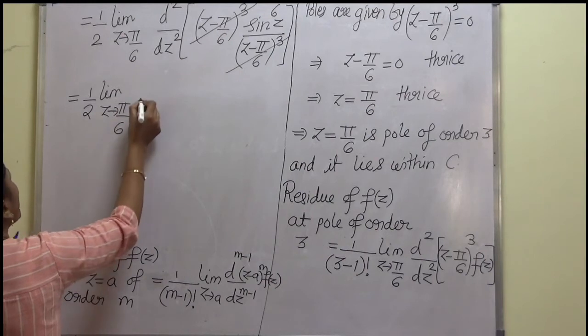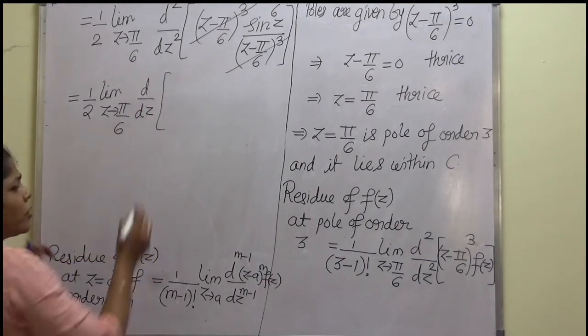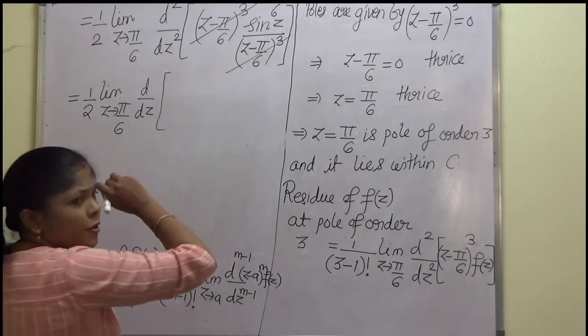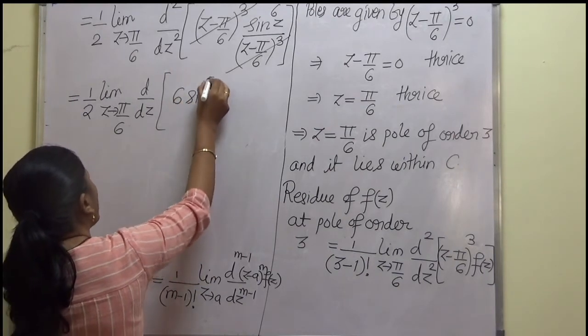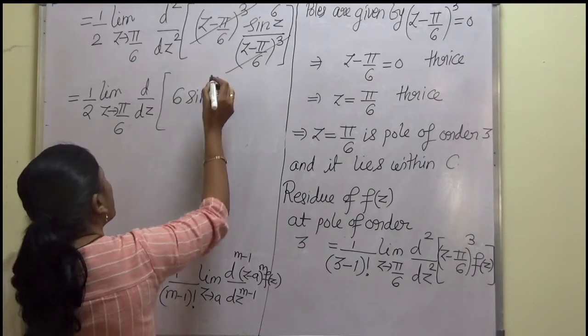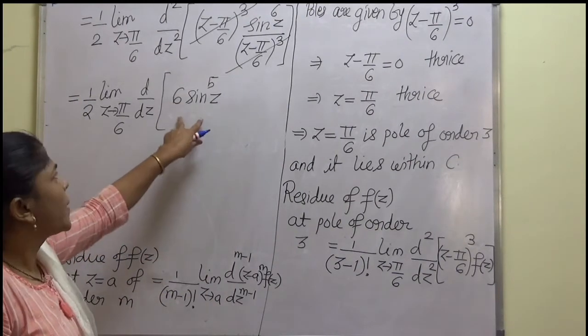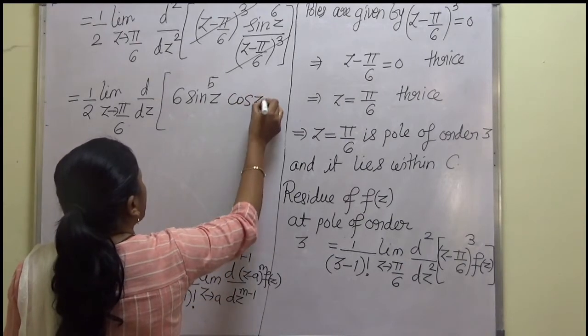Now let us differentiate. Find the first derivative. What is the derivative of sine to the power 6z? It is nothing but 6 times sine to the power 5z, and then the derivative of sine z, which is cos z.